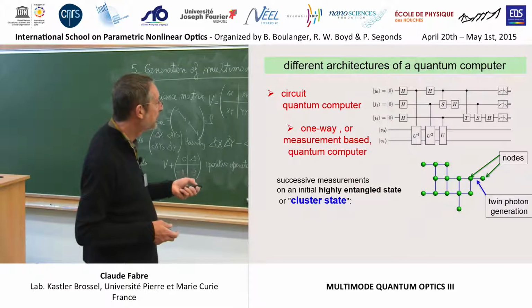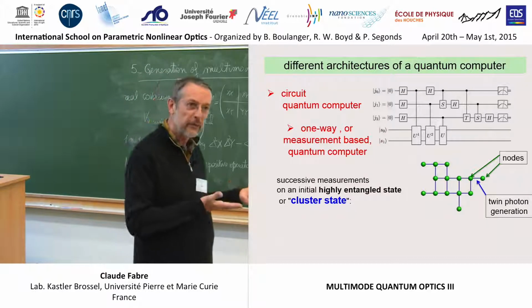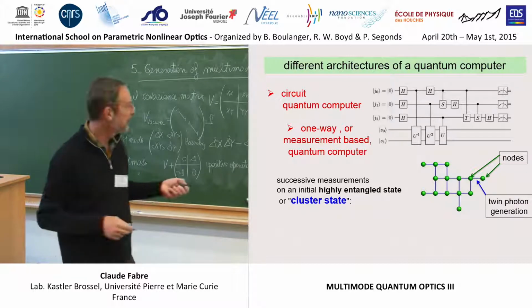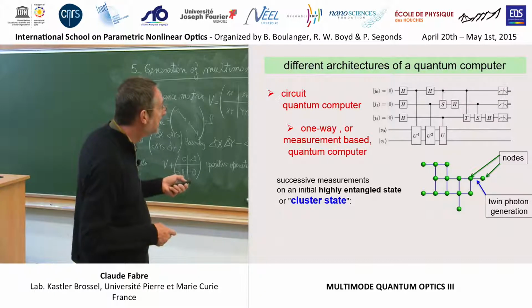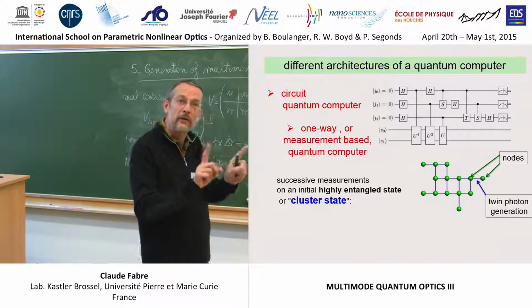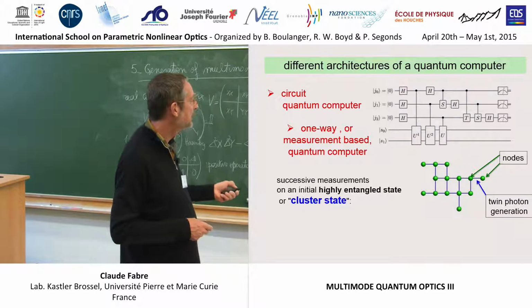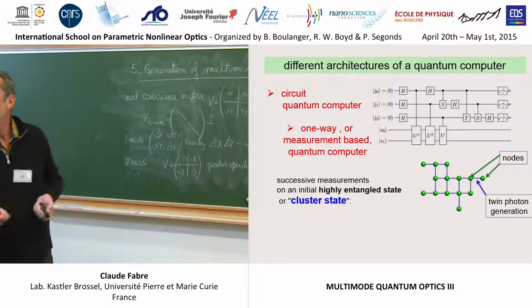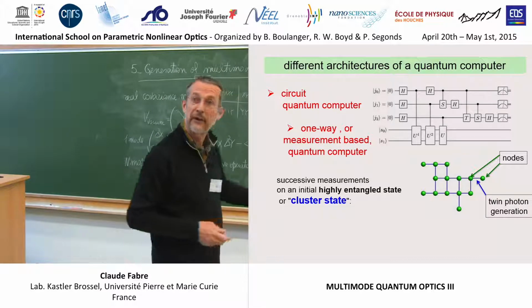Each green point corresponds to a node of the network, but in our case, it is a mode of the system. It's a degree of freedom. So each one is F1, F2, F3, and all that kind of thing. And then the red line corresponds to entanglement, to correlation. So the twin photon generation generates twin photons in this and this, or in this and this, or in this and this, but not between this one and this one. And so there is a topology of the cluster state. Okay? So it corresponds to a given interaction Hamiltonian.